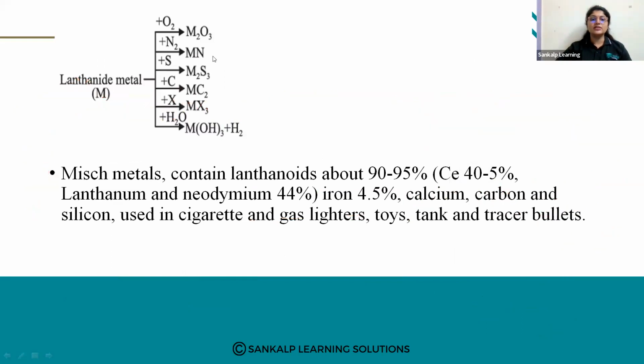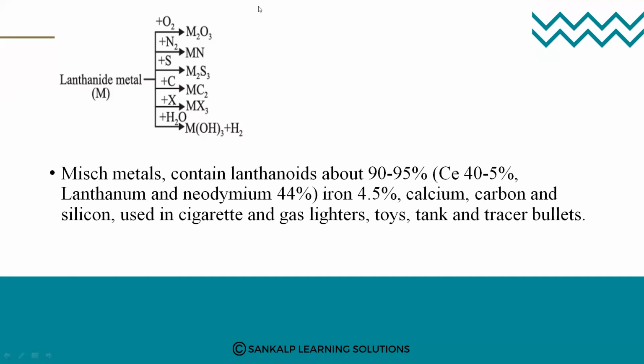Now the lanthanide metal. If I take any metal M, when it reacts with oxygen, it forms M2O3 oxides. When it reacts with N2, that is nitrogen, it forms MN, because lanthanide will be in the +3 state.